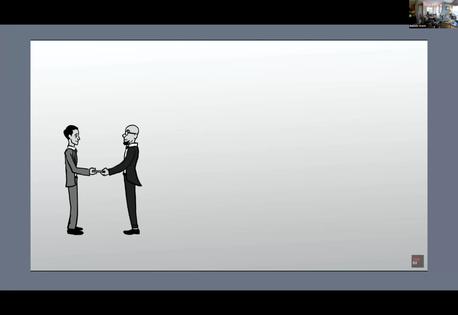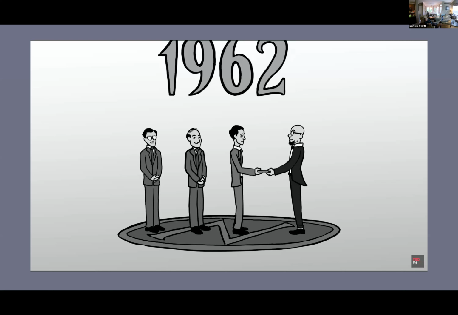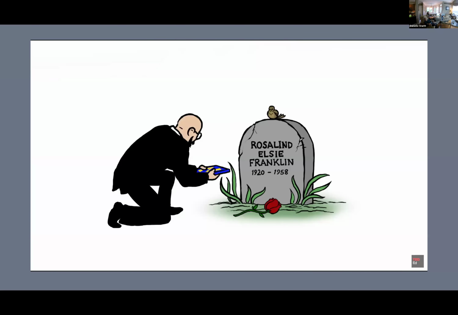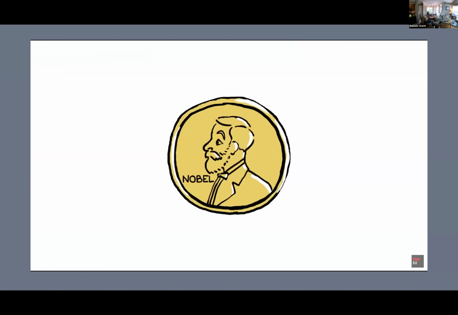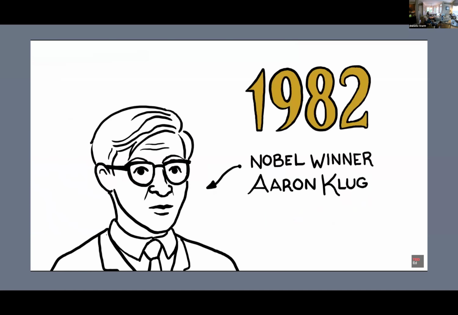Watson, Crick, and Wilkins won the Nobel Prize in 1962 for their work on DNA. It's often said that Franklin would have been recognized by a Nobel Prize if only they could be awarded posthumously. And in fact, it's possible she could have won twice. Her work on the structure of viruses led to a Nobel for a colleague in 1982.